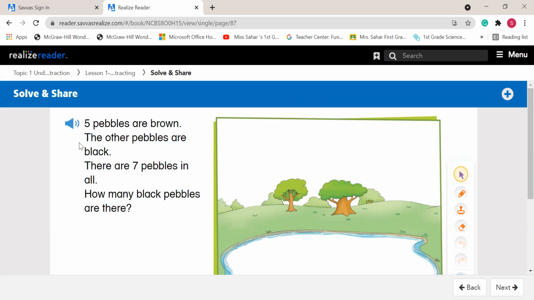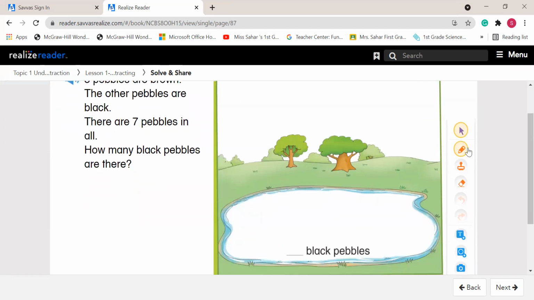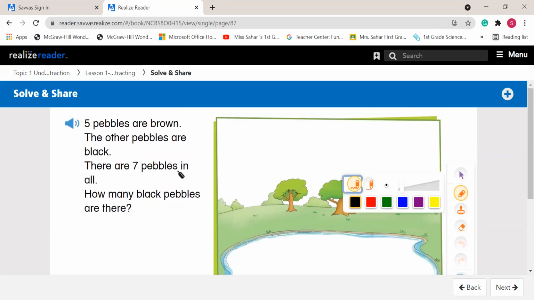So for this example, 5 pebbles are brown. The other pebbles are black. In total, we have 7 pebbles. So let's see. If I say, for example, total 7, I try to make my equation.